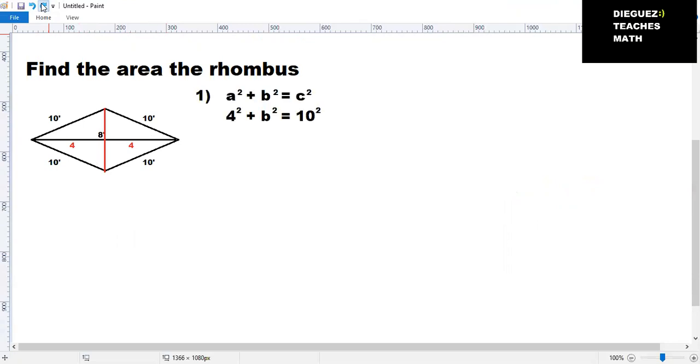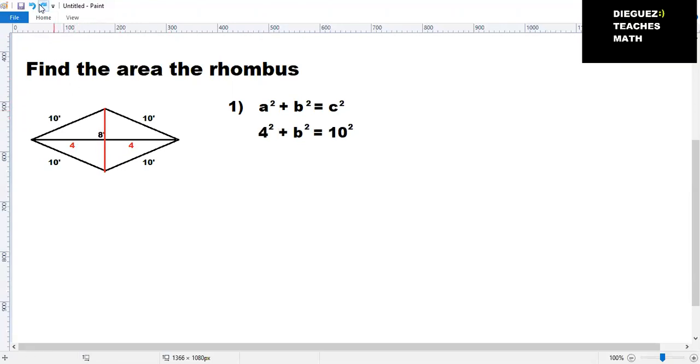Now I've got to figure out this other diagonal, and I know this is going to make a right triangle there, meaning I can use a squared plus b squared equals c squared. It is very important that we remember that c squared is the longest side, which in this case is going to be 10, because it's across from the 90-degree angle.